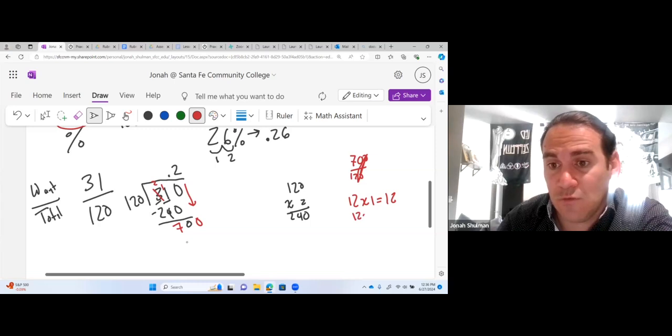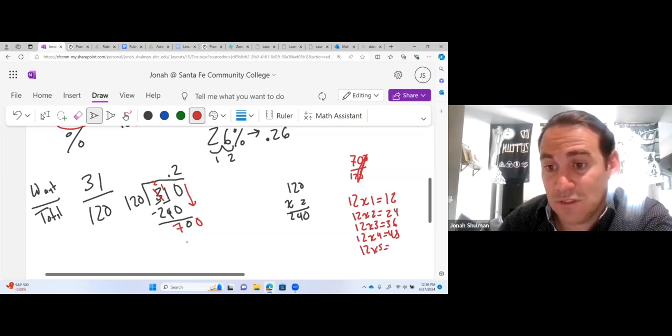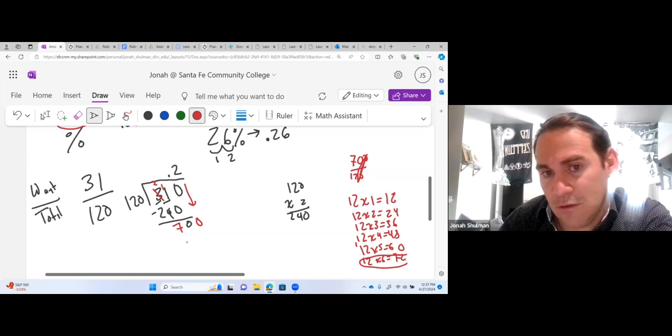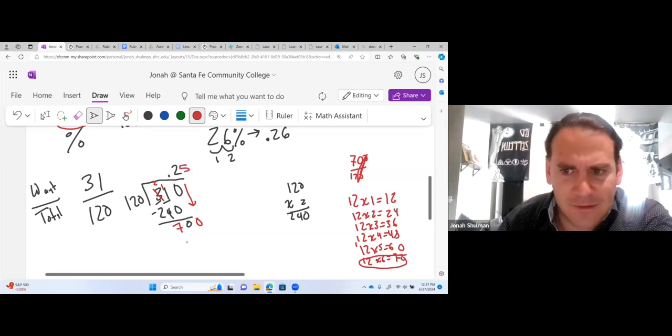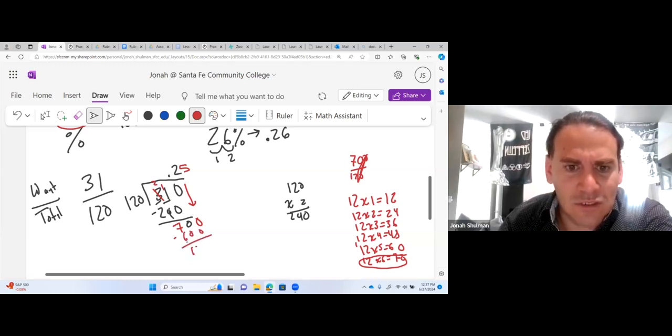Not big enough. 12 times 2 is 24. 12 times 3 is 36. 12 times 4 is 48. 12 times 5 is 5 times 2 is 0. Carry the 1, 60. And 12 times 6 is 72. See, I'm too big here. So it's actually 0.25, which gives me 600. And I have 100 left over.